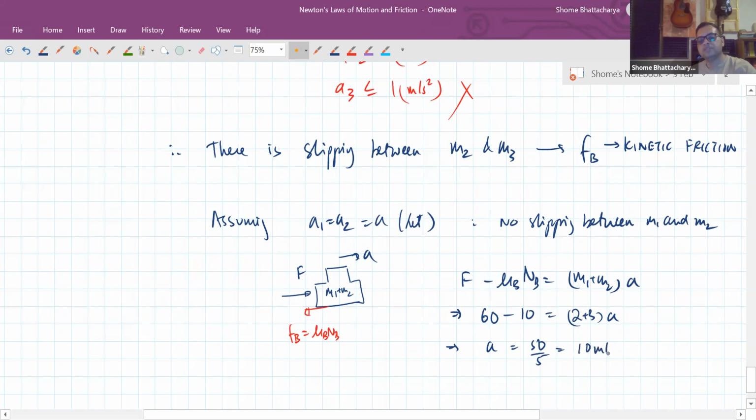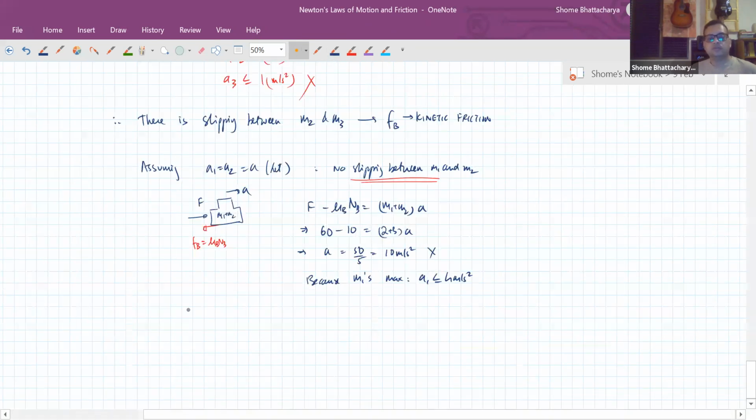That is 10 meters per second square. So you can see again this is not possible physically, because M1's maximum acceleration, that is A1, was less than or equal to 4 meters per second square. So that again means that our assumption that M1 and M2 are moving together without slipping, this assumption also fails.